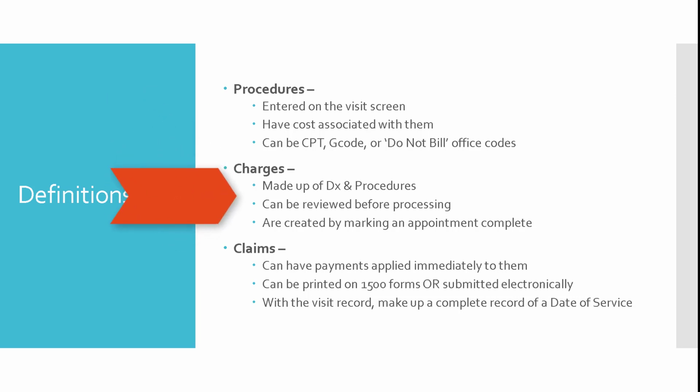When you mark an appointment complete, a charge is created. The charge is made up of DX and procedure codes. The charge can be reviewed and edited if needed. Selecting the charge and proceeding finalizes the financial record for the date of service and creates a claim.